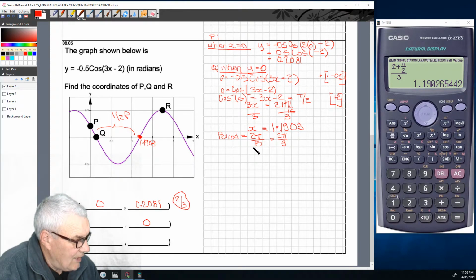So the x value at Q will equal 1.1903 minus 2 pi over 3, half of that.